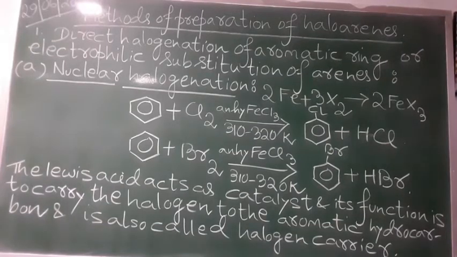Subheading nuclear halogenation. You can see 2Fe plus 3X2, X over here is halogen, gives 2FeX3. So the next reaction, benzene plus Cl2 in presence of anhydrous FeCl3, temperature 310 to 320 Kelvin, forms chlorobenzene plus HCl.